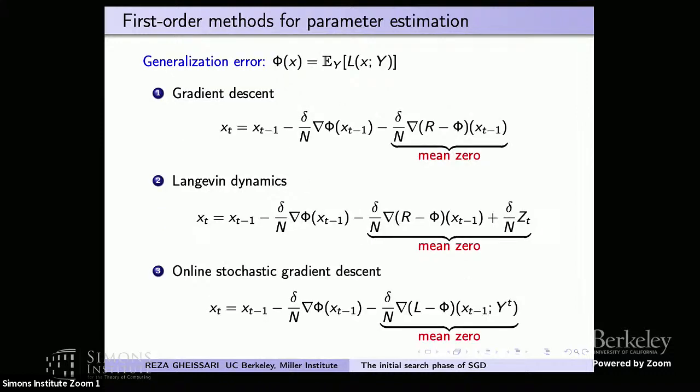All of these you can do a simple rewriting where you subtract off the generalization error, and what you'll see is there's a common part to all three of these algorithms, where you just update with the generalization error or the population loss. And then there's some mean zero correction. And this mean zero correction in the online stochastic gradient descent situation is IID.